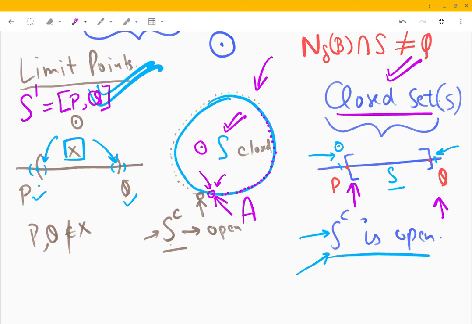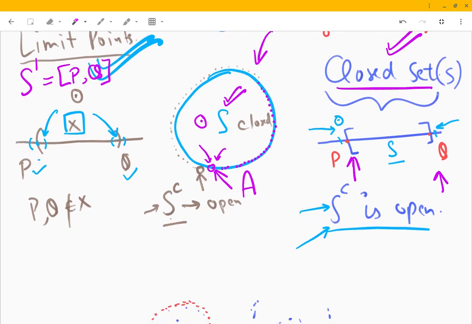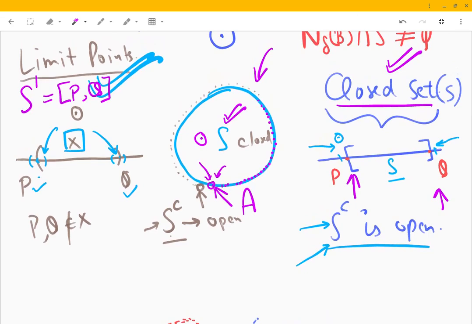One more thing is left: closure of a set. Like this was the derived set, closure is represented as S bar. Derived set is represented as S dash. Now, what is the closure of a set?